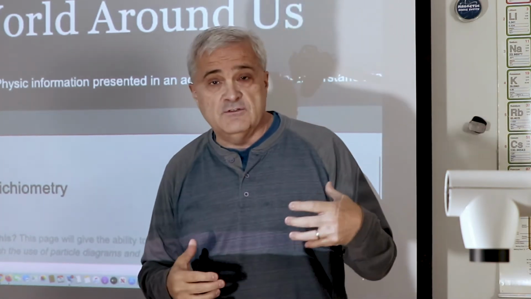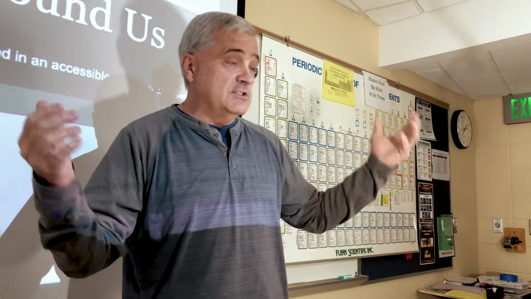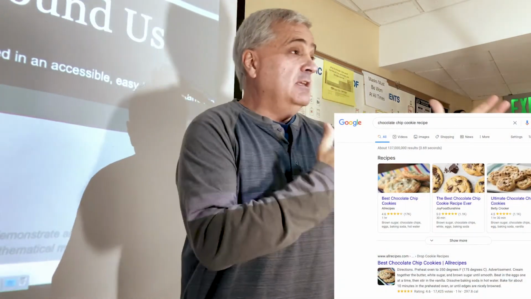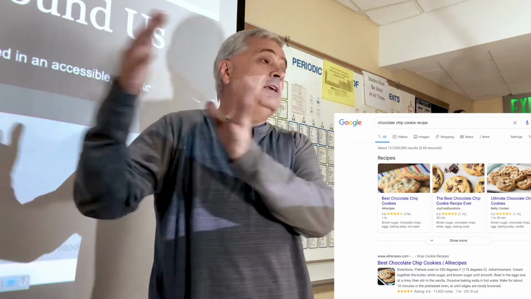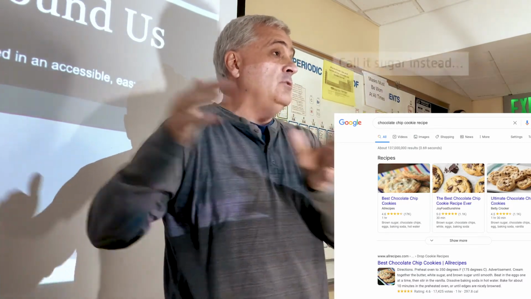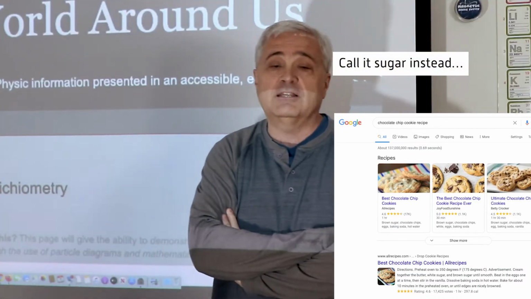I have no earthly idea how to make chocolate chip cookies, but let's say you need 4 cups of flour. I don't even know if flour's in chocolate chip cookies, but let's say there is. If the recipe that makes 4 dozen starts with 4 cups of flour and you only want 1 dozen, you're going to cut that. Okay, we got the concept.